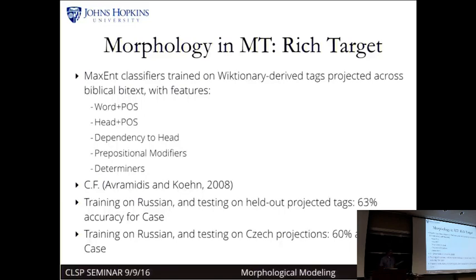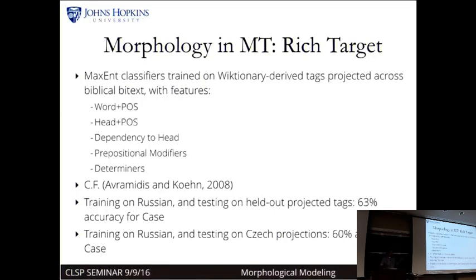And it turns out that if we train on these projected Russian tags, and then test this classifier on held out projected tags, we get about 63% accuracy for case. So far, not that great. But again, as we saw at the very beginning of this talk, case is one of the types of features that translates over the least well.